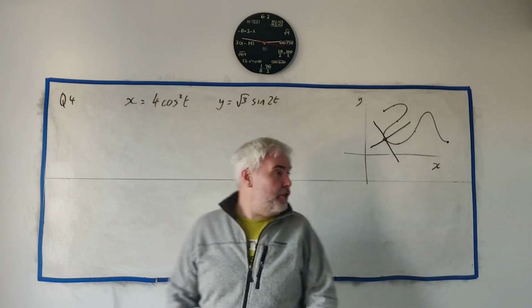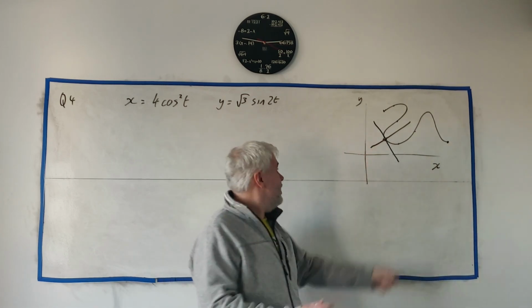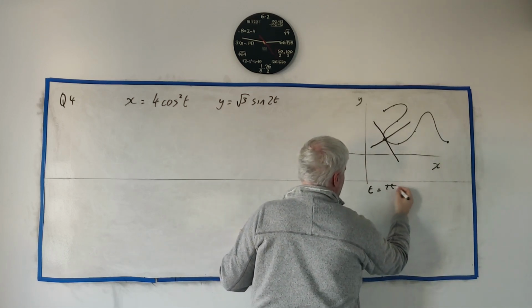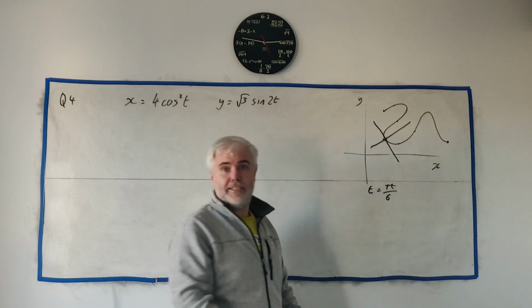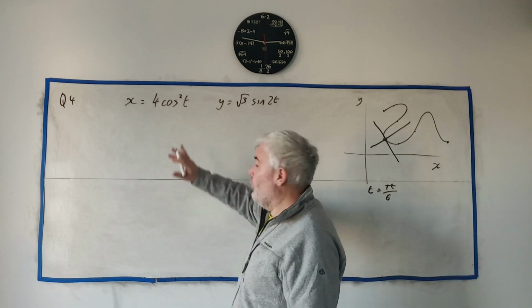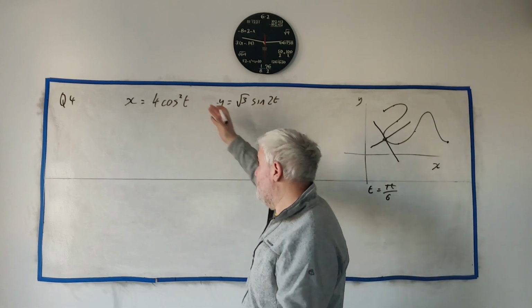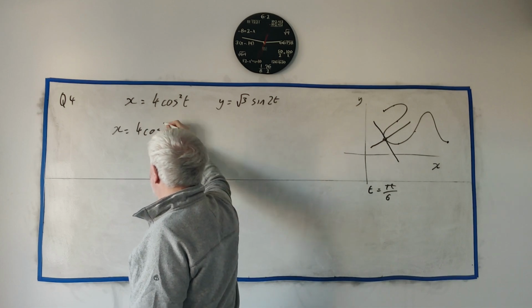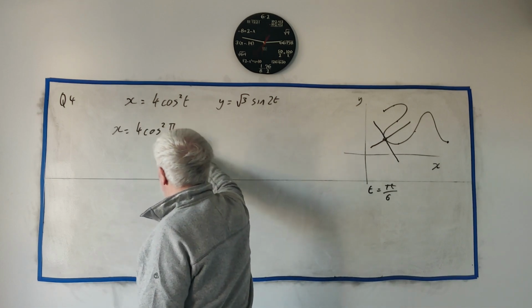The first thing I would do is find this point. This point is when t is equal to pi over 6. I want to know the x value and the y value. x is equal to 4 cosine squared of pi over 6.